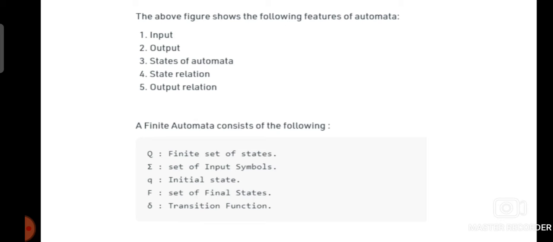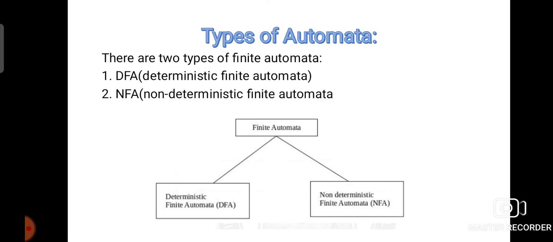Some systems may have a single final state, and some other systems may have more than one final state, so we commonly say set of final states. And delta is the state transition function. So we can define any finite automata machine with the help of these 5 tuples.